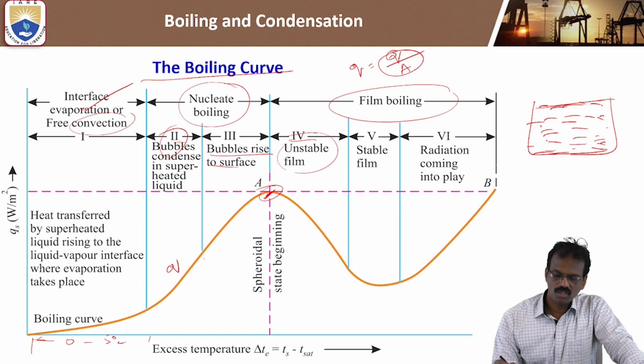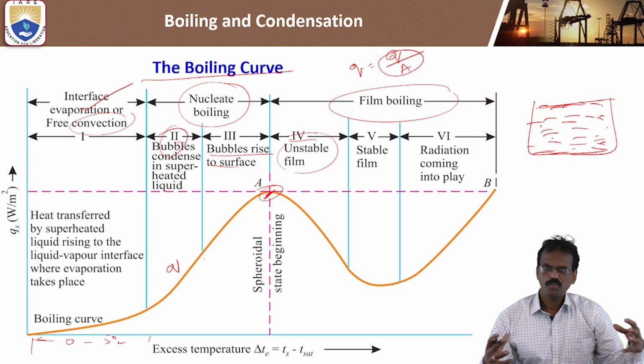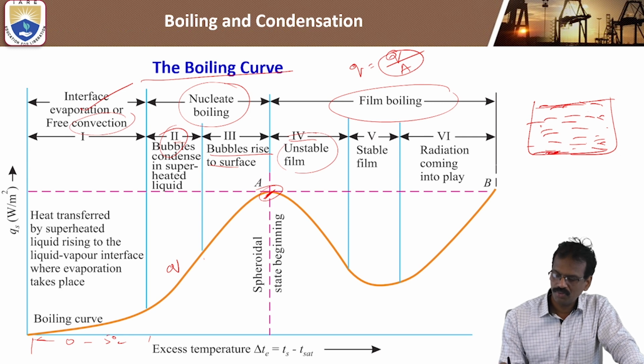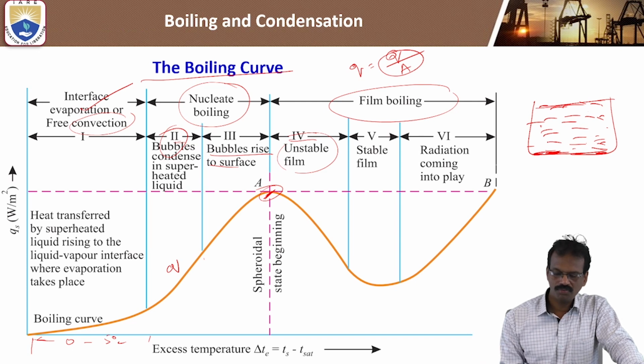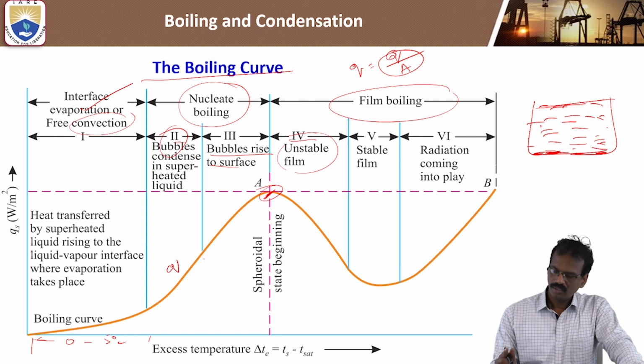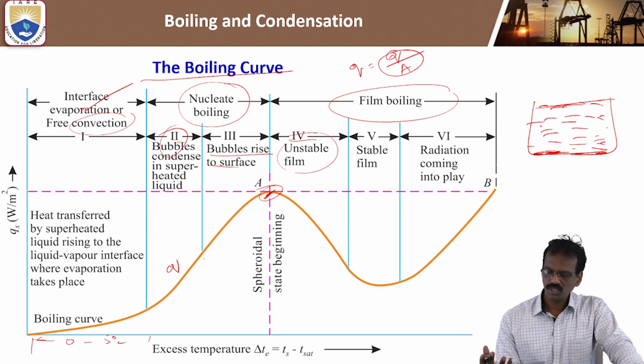But as more bubbles are formed, those bubbles combine with each other and form films on the surface of this container. These are the unstable films. These films oppose the coming of water particles towards the surface.